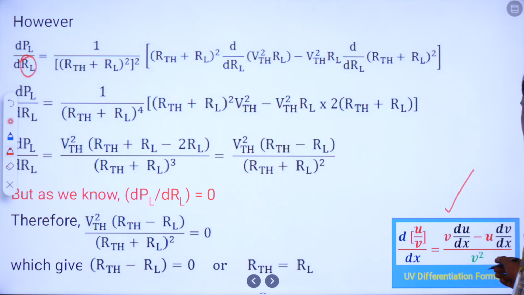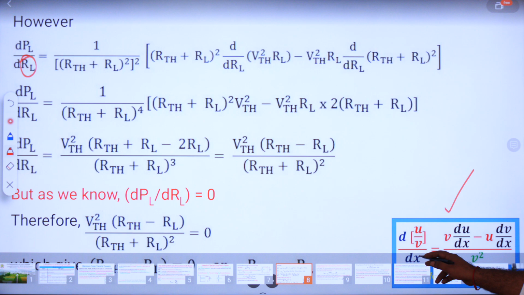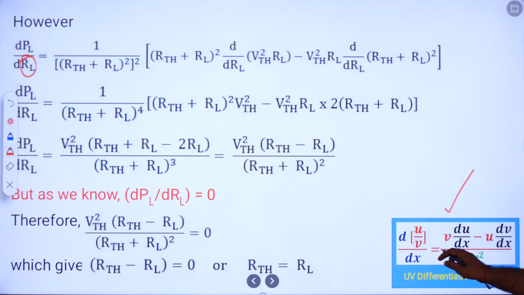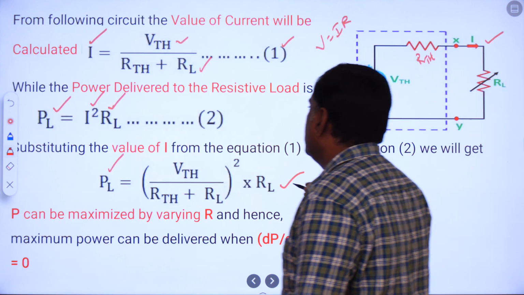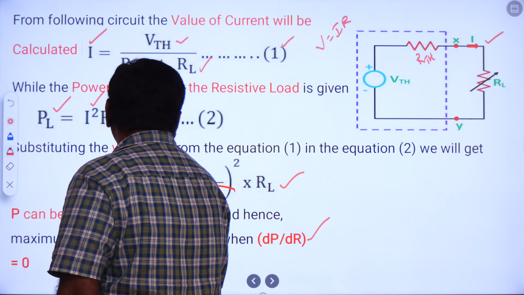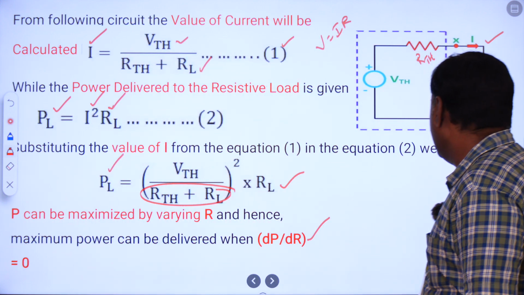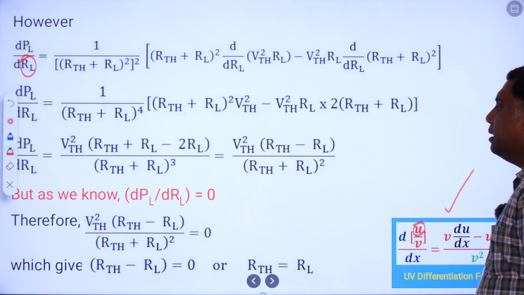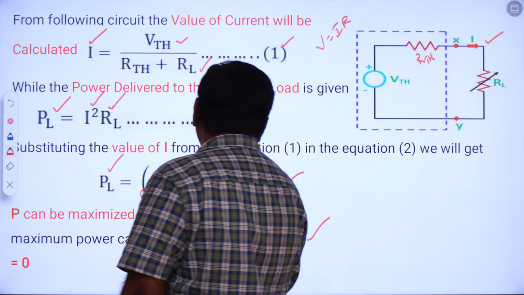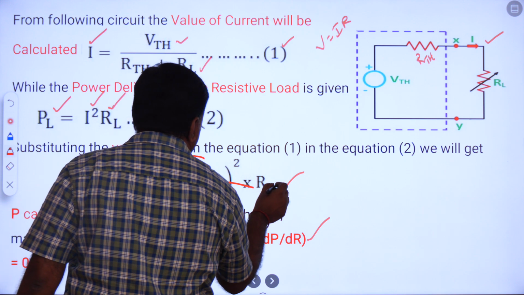If you apply the UV rule, d(U/V) by dx, where dx means RL here. V is R Thevenin plus RL squared, and U is V Thevenin squared into RL.